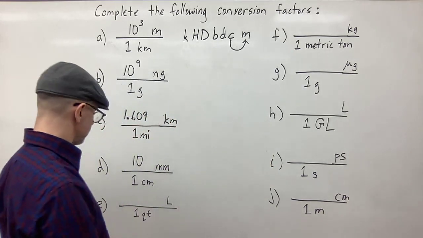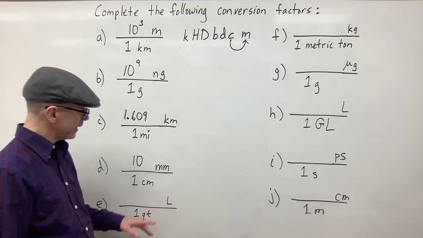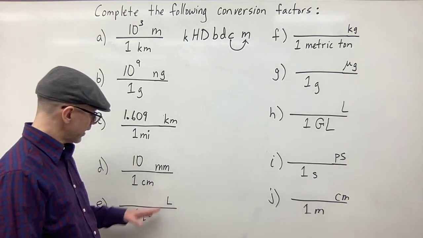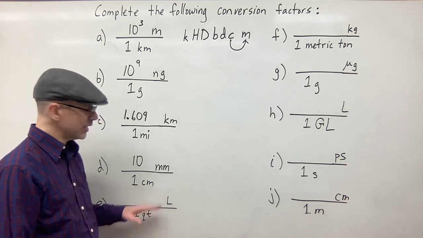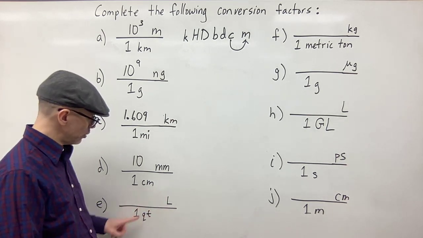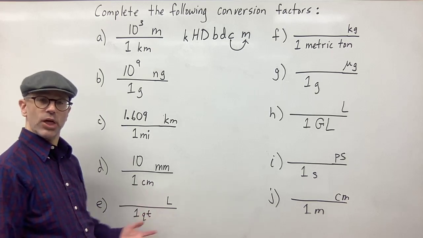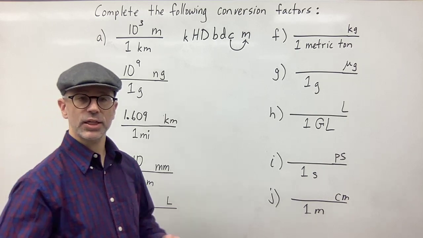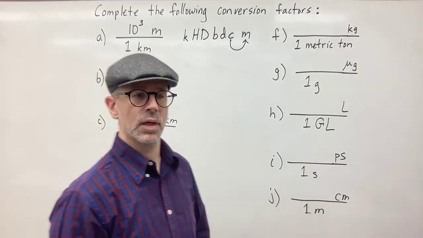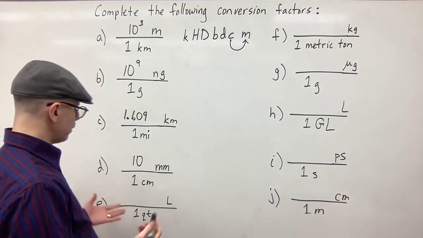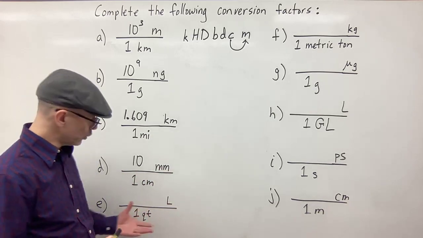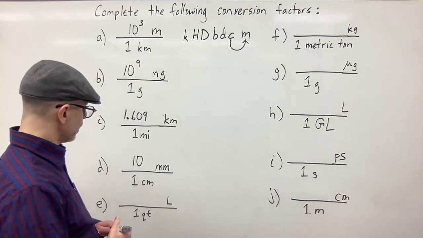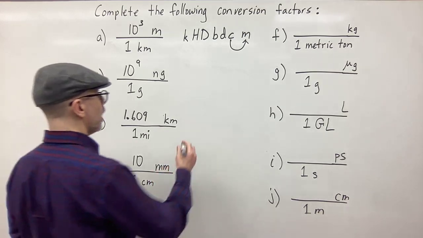Okay, next. Here we have quarts and liters. So again, we can convert quarts into liters to figure out how many liters are equal to 1 quart, or if you already know this, you can already fill it in. But let's go ahead and convert. There's a lot of different ways that you can convert this. You can use whatever conversion factors you know that are going to give you the answer.